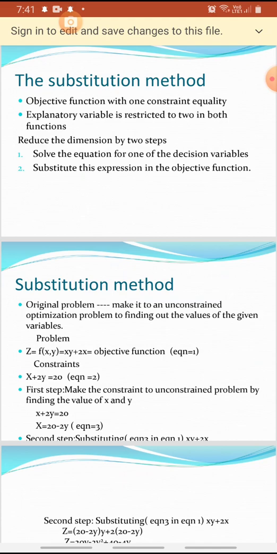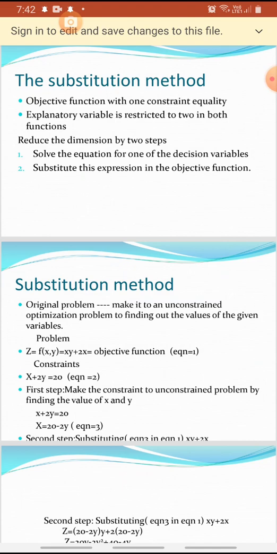So we can reduce all the steps into 2. First, we have to solve the equation for one of the decision variables, that is, find the value of one variable. Then this value is substituted in the objective function. These are the 2 steps under the substitution method.